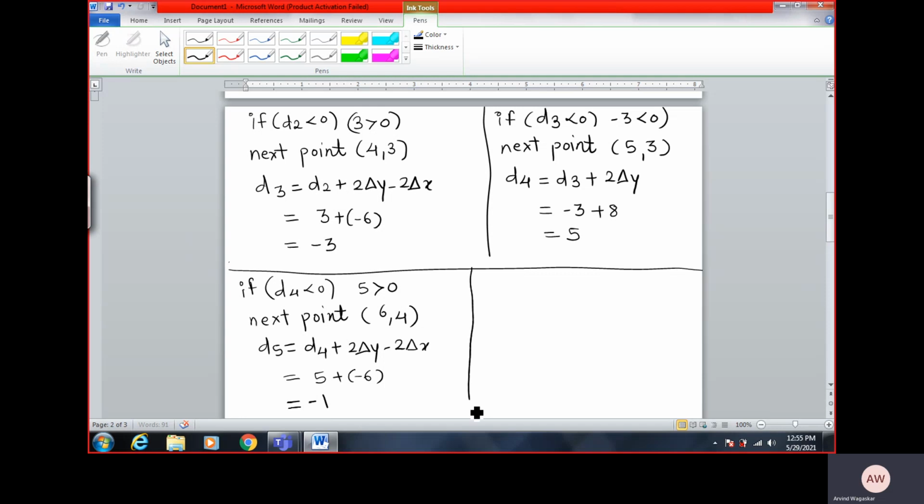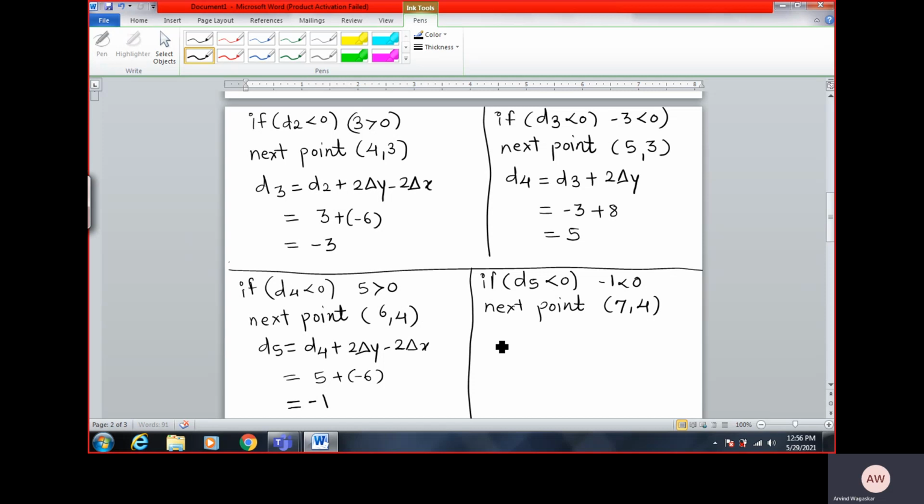Okay, repeat the same. Now is d5 less than 0? Yes, as we got minus 1, so it's less than 0. I hope you remember everything now. So next point is you just have to increment x, so x will become 7 and y will remain as it is.